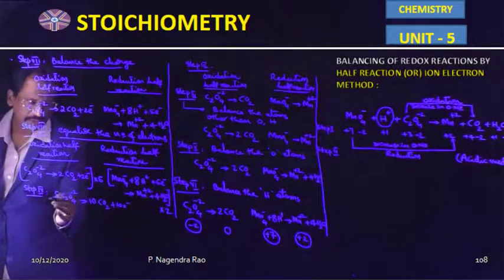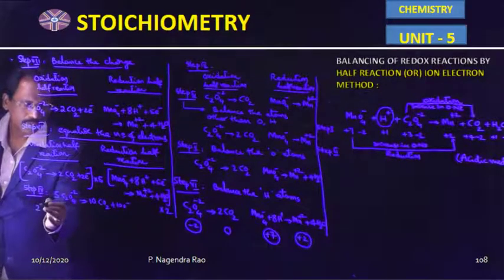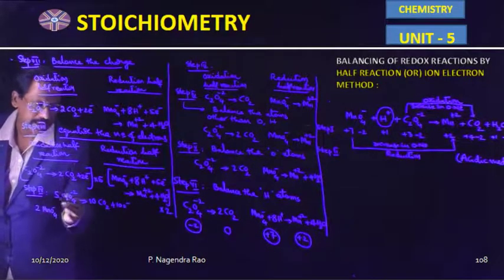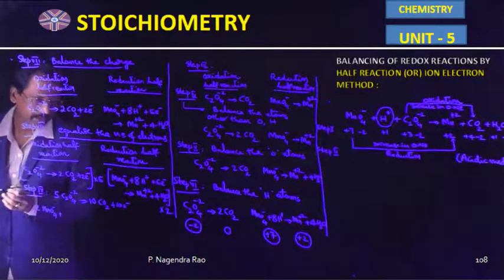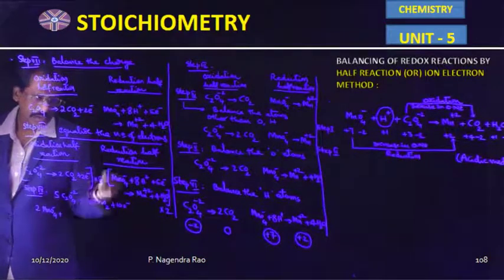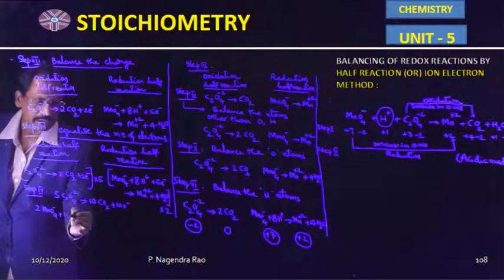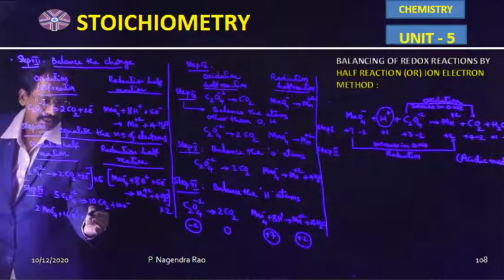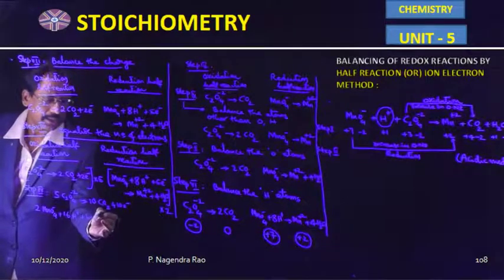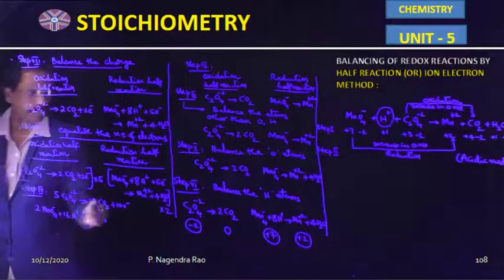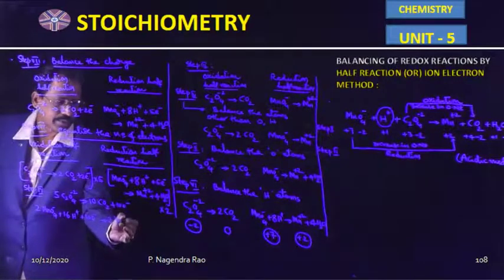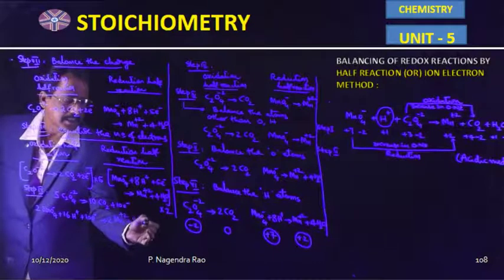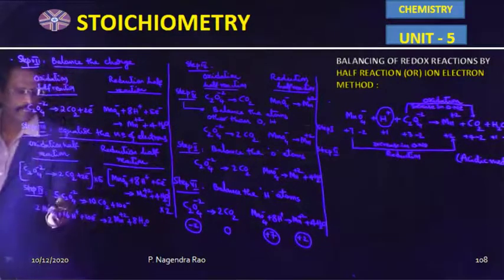And the reduction half reaction is 2 MnO4 minus plus 16H plus 10 electrons is equal to 2 Mn plus 2 plus 8 H2O.